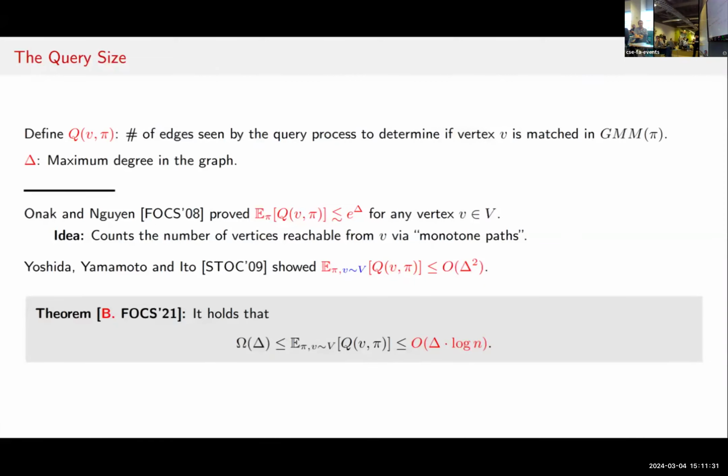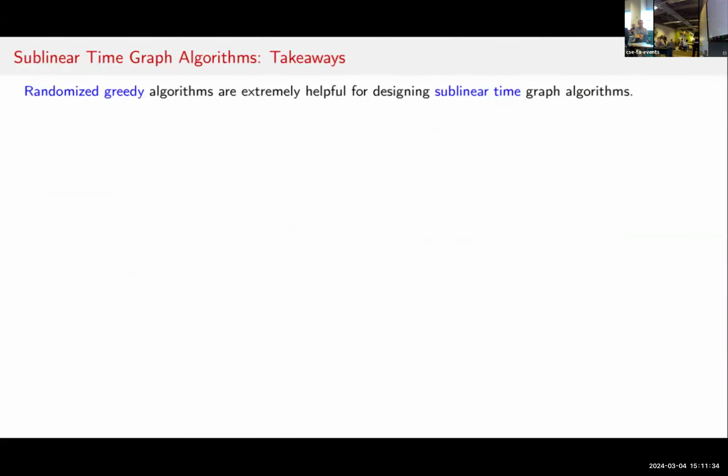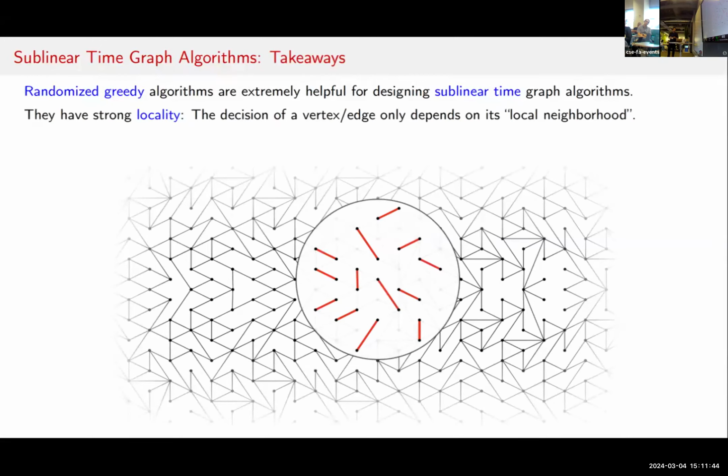Okay. So the key takeaway out of this is that randomized greedy algorithms are extremely helpful for designing sublinear time algorithms, and they have a strong locality guarantee that to determine if a vertex is matched or not, it suffices to look at a small local neighborhood of that vertex.